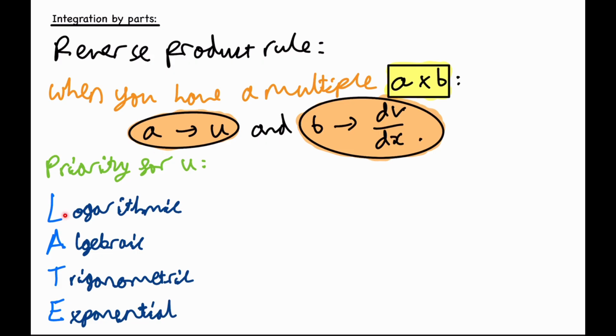So log has the most priority to become u. Algebraic functions have the second most priority, trigonometric have the third most, and exponential have the last priority to become the u. You need to prioritize this in order to get a good result for integration by parts.